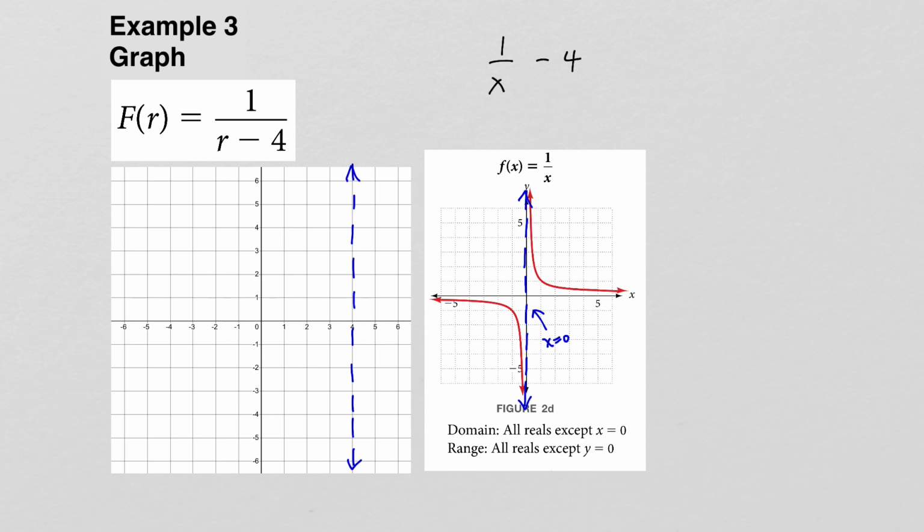And then the actual shape of the graph itself, this part of it, is going to be exactly the same. So we're going to have a graph that comes down something like this. And on the other side, it's going to look something like this. And again, we're not looking for perfection here. We're looking for a way to be able to sketch these graphs very quickly by comparing it to the associated basic graph.